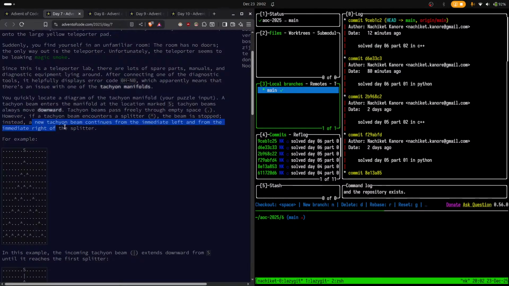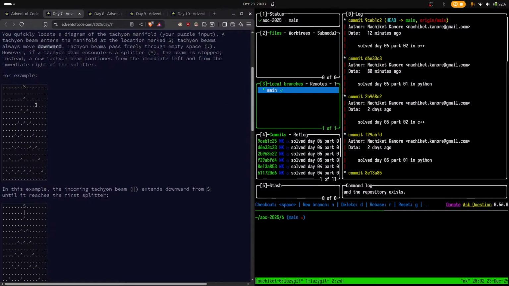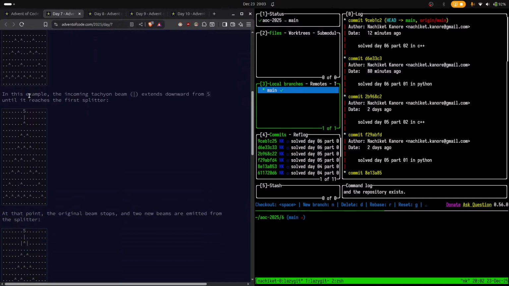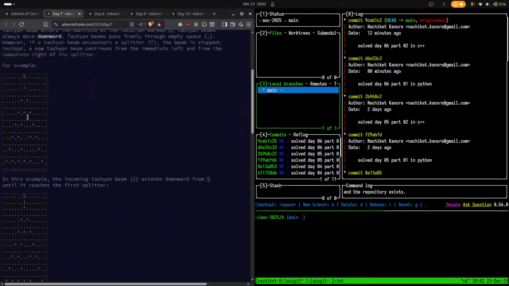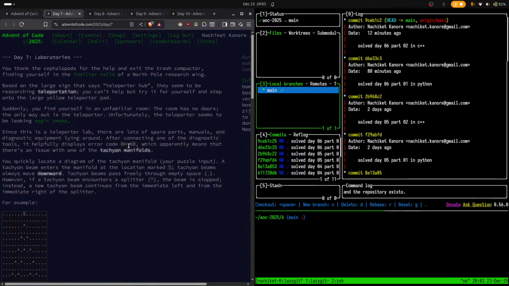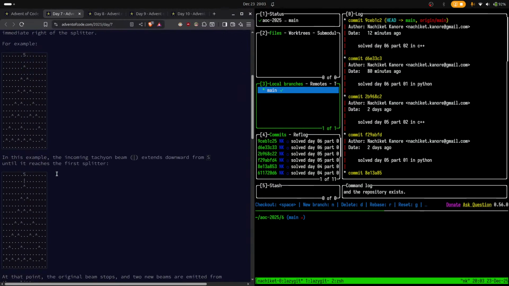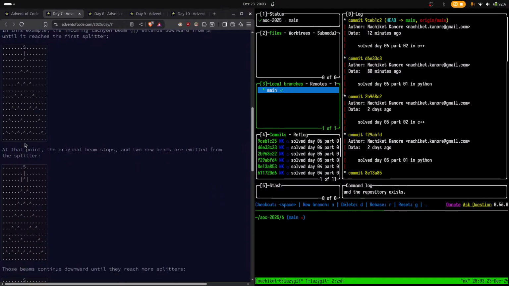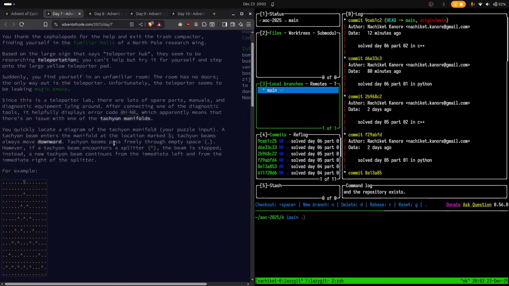Instead, a new beam continues from the immediate left and from the immediate right of the splitter.